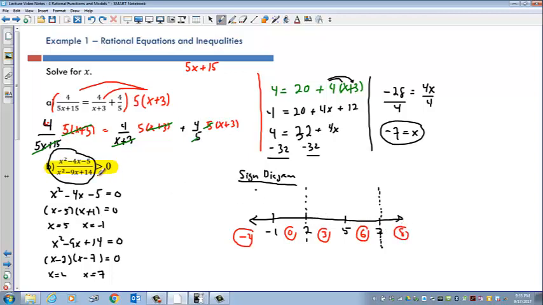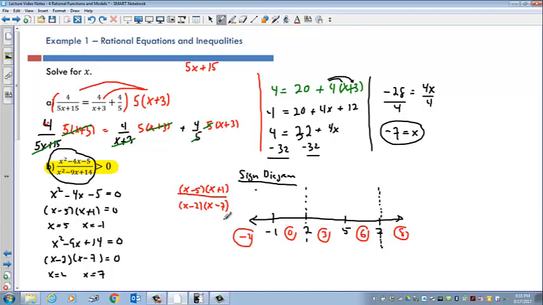And what you want to plug it into is this original expression, which you can rewrite factored. So the top was x minus 5 times x plus 1, and divided by, the bottom was x minus 2 times x minus 7. It's easier to plug it in here because it's already factored for you.